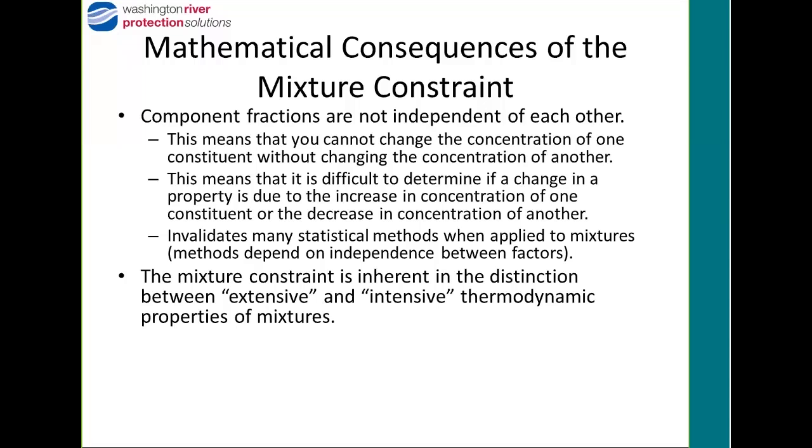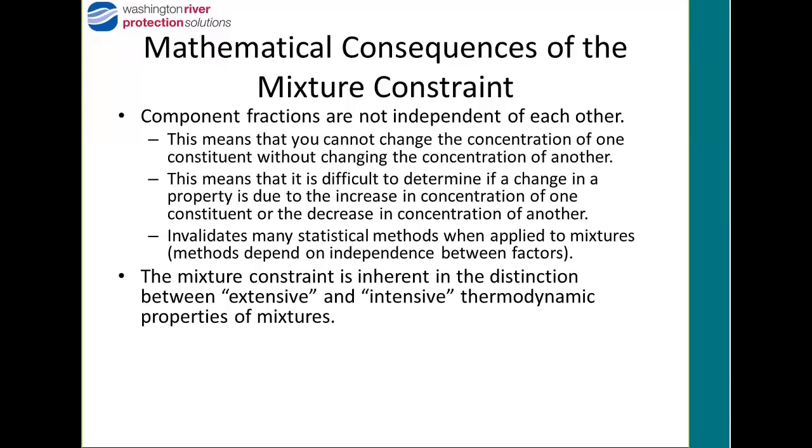This also invalidates a lot of standard statistical methods that you learn in statistics class for mixtures, because most of those methods assume that all of your factors are independent of each other, and if composition is one of your factors, that invalidates that because the composition components aren't independent of each other.